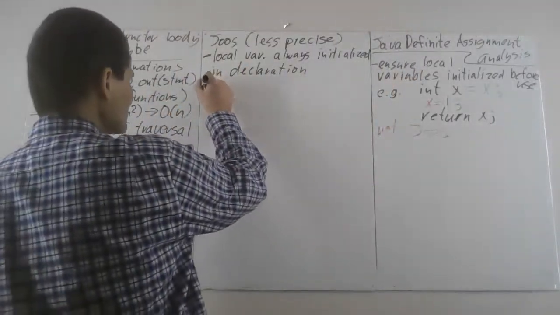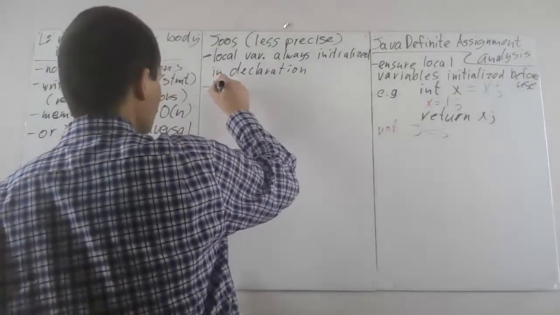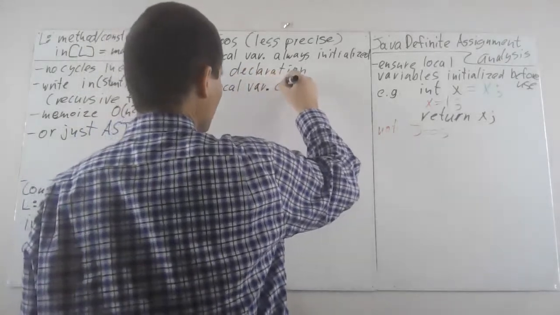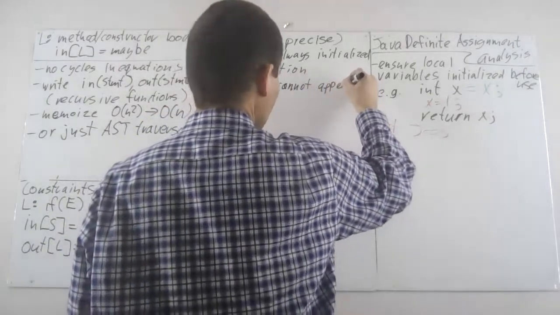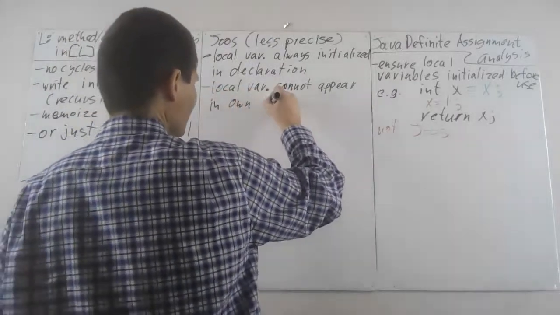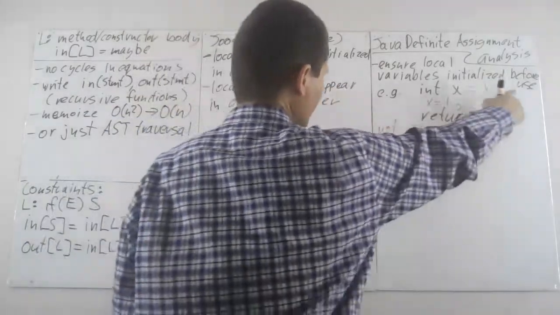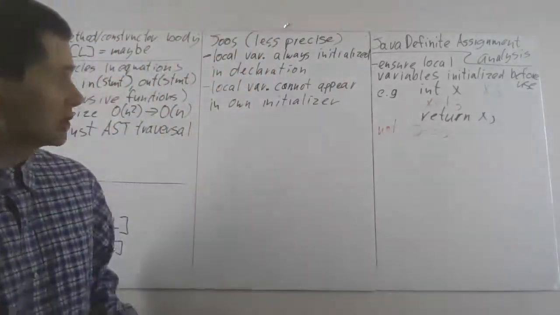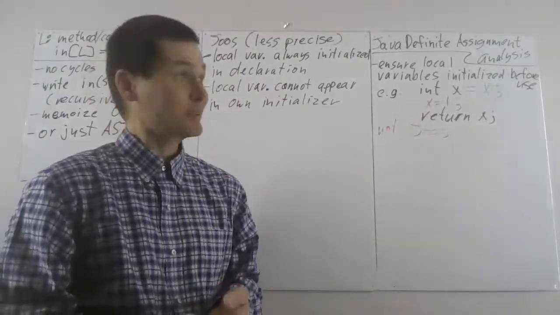So the other simple rule that JUICE adds is that a local variable cannot appear in its own initializer. So you're not allowed to use the x there, and that prevents you from accidentally reading x before it was initialized.